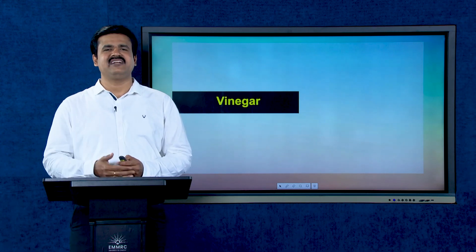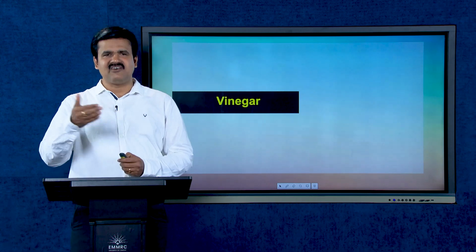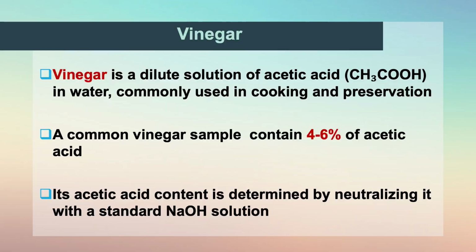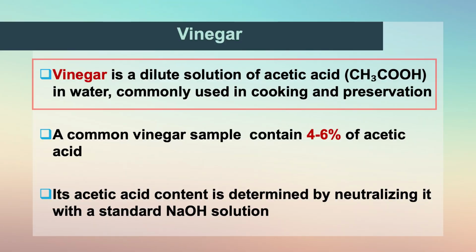We can now have a discussion on somewhat more details of vinegar for the sake of convenience. Vinegar is a dilute solution of acetic acid with the molecular formula CH3COOH, which is dissolved in water. It is commonly used in cooking and preservation.